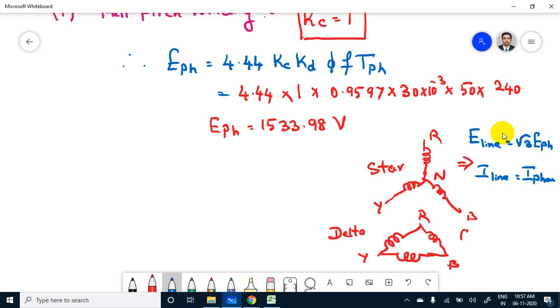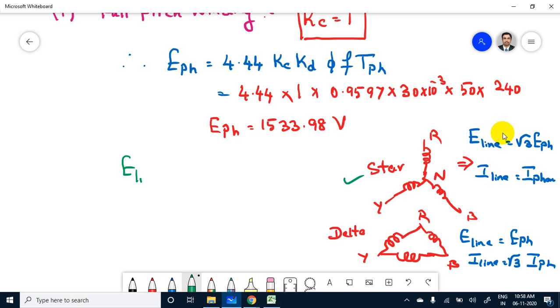So E line equal to E phase and I line equal to root 3 into I phase. Please take down this formula. Now by using these two formulas, your alternator is star connected, right? So this one we have to write.